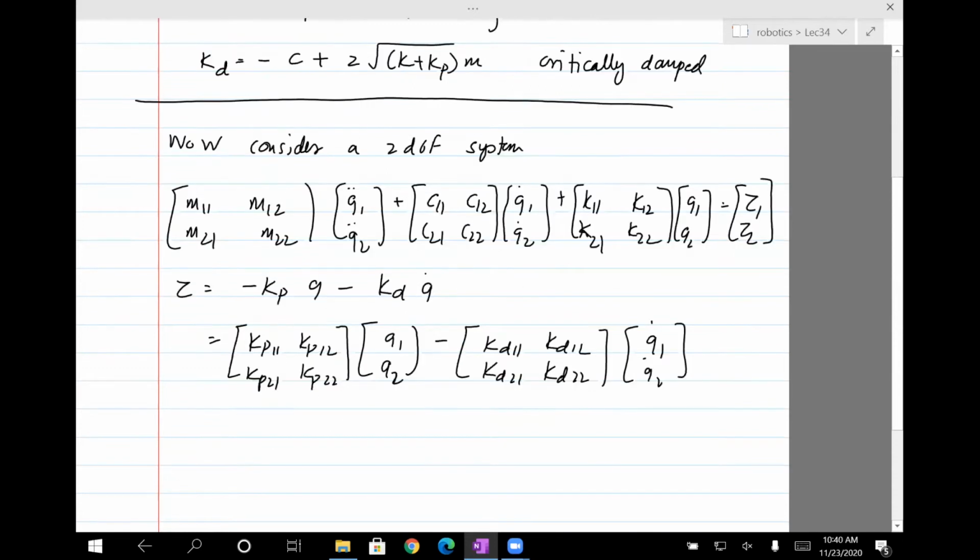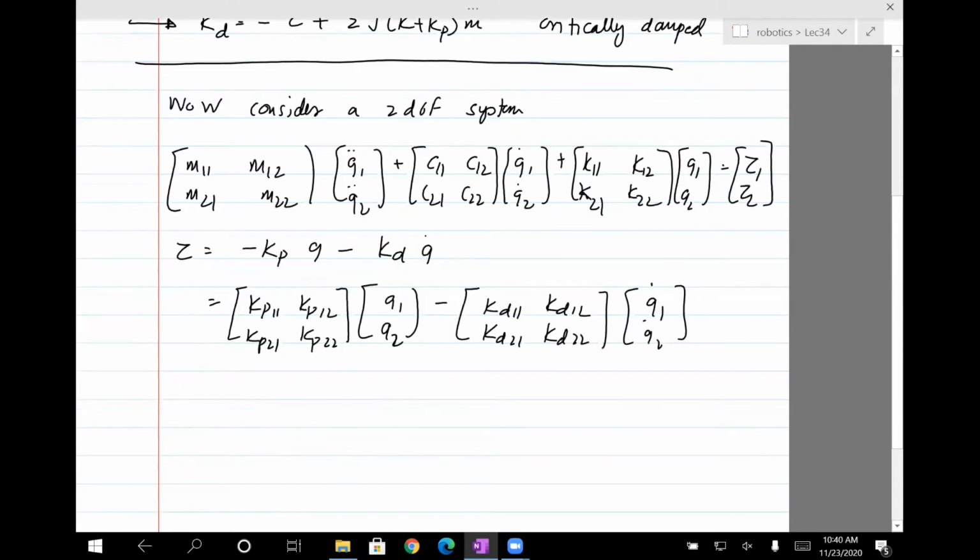Okay, so for a 1 degree of freedom system, we only had to choose one number, KD, and KP was variable. Now here it's a mess. We have to choose 8 numbers, right? So we have to basically do the same thing. Take this and sub it in this tau. This is tau1, tau2.